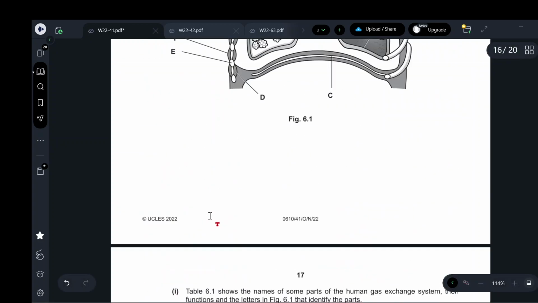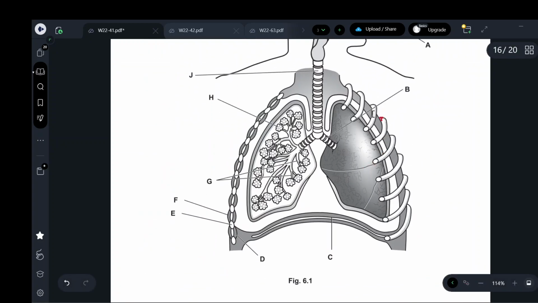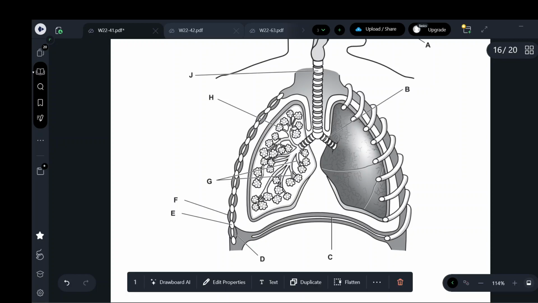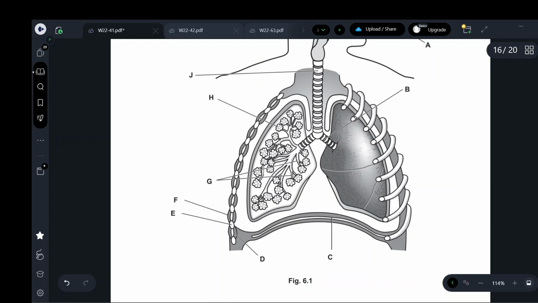What protects the lungs from mechanical damage? Of course, it will be the ribs. Where is the label of the ribs? It is E. Why do I see it as a circle? Because I cut in it so I can see the cross section. This is the cross section of the rib.